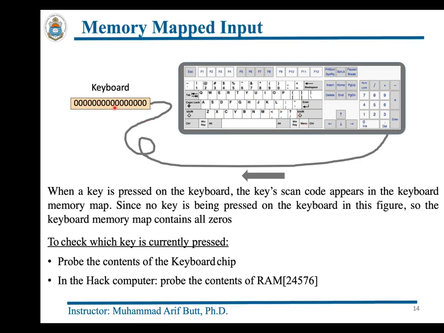So to check which key is currently pressed, we simply probe the keyboard memory map, the location 24576 inside the RAM, and whatever key is pressed can be found at the RAM location 24576. And we have already seen how we can read the contents of a specific address of the RAM.